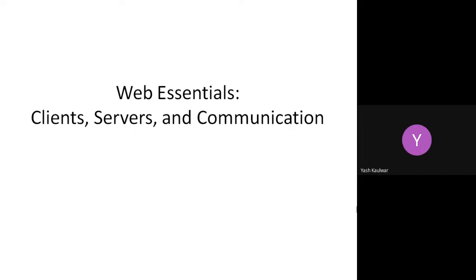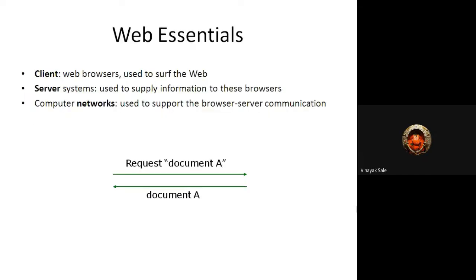Okay. Then now we are going to study Web Essentials, that is clients, servers, and communication. So what are the Web Essentials? That is client, server and computer network. So what is a client? That is a web browser used to surf the web. That is the client, that means the user. Client in general is known as user.